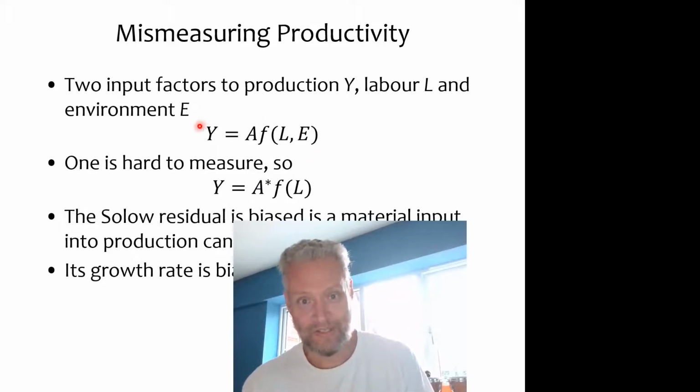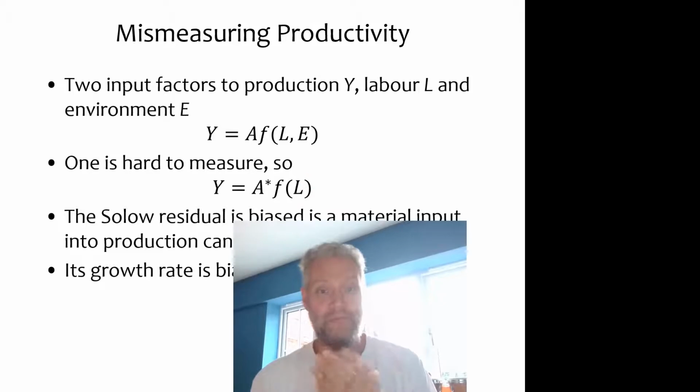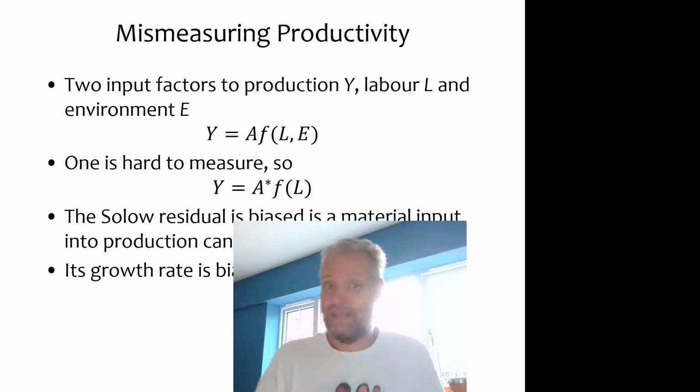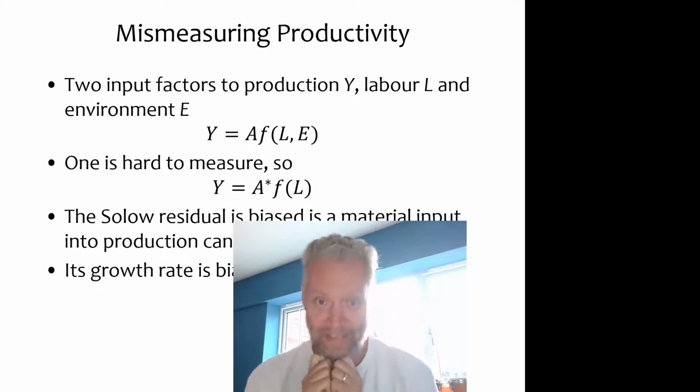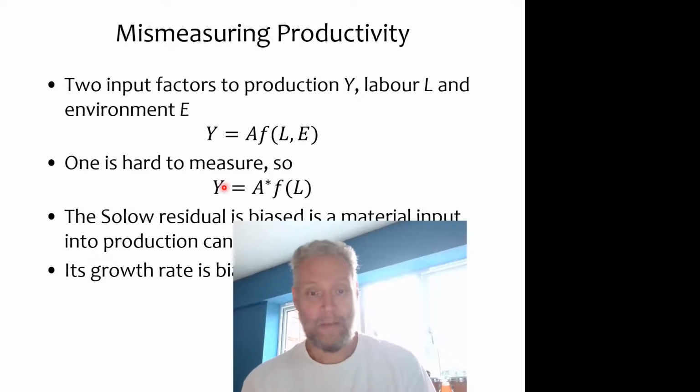Now this immediately implies that you mismeasure your total factor productivity. So this is the production function that is true, but we don't know E. So this is really what you do. You assume that your output is a function of all the things that you can measure as input, in this case only labor. An important thing to keep in mind here is that we measure total output and we measure total input, but we don't measure total factor productivity.